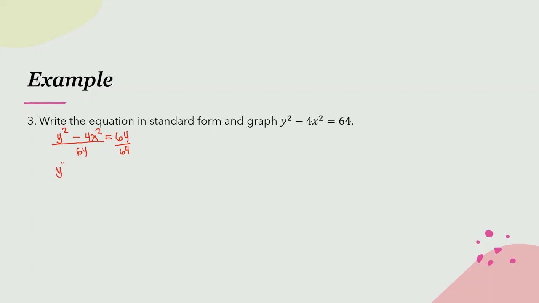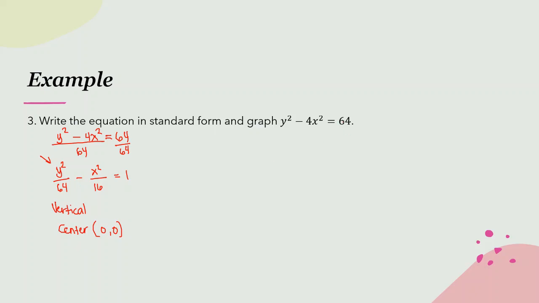So we have y squared over 64 minus 4 over 64, that is 1 over 16, so our denominator is 16, and we have the 1. As you can see, y is written first, meaning to say our hyperbola is vertical, right? And then our center is at 0, 0 because we don't have values for h and k.